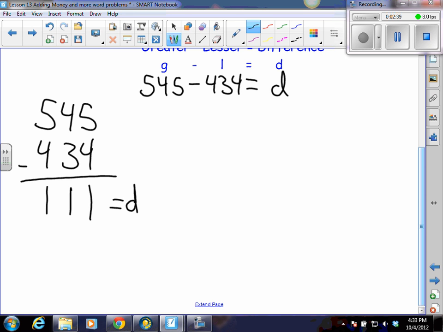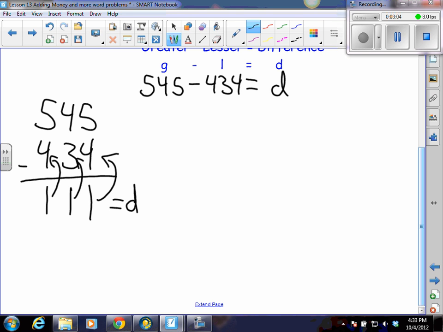Then of course we can go back and check our work, and to check our work we would just need to reverse this and take this and add it to this and see if it equals 545. So 1 plus 4 equals 5, 1 plus 3 equals 4, 1 plus 4 equals 5. And so we have that. Adding backwards like that will help us understand.